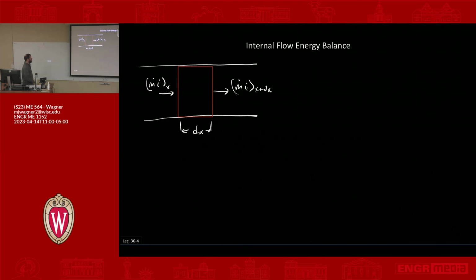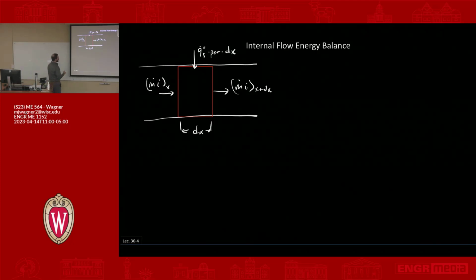If it's a thermal problem, you're going to have some interaction with the containing duct. Let's say that's given to us in terms of a heat flux. So going in here, we have q dot double prime s, multiplied by the perimeter and dx. That's our total energy coming in.